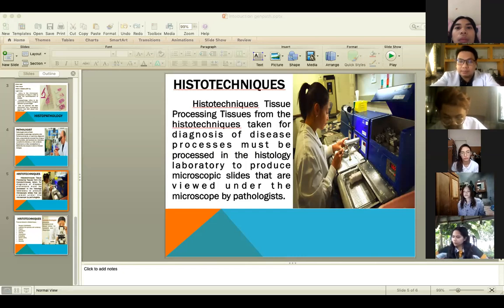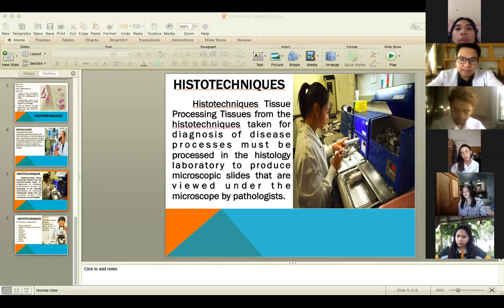Okay, merong manual performed by the pathologist using carbon dioxide and then sliding microtome. Later on, we'll discuss the different types of microtome. Or, katulad yung nasa picture class, the pathologist is using cryostat. Okay?